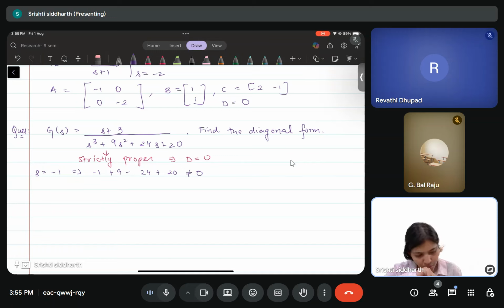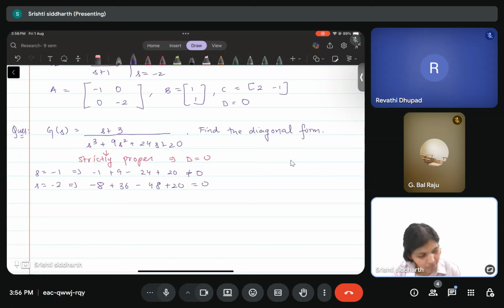Try s equals -2. This is going to be -8 plus 36 minus 48 plus 20, this is 0.